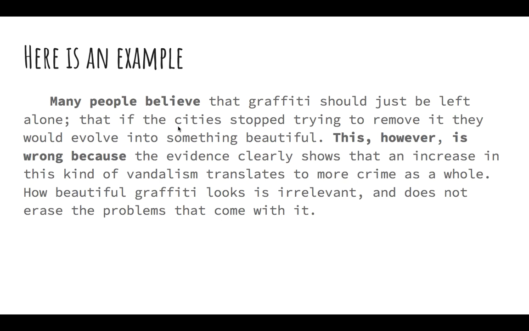Okay, that's your prompt, that's your thesis. Remember, the opposition is acknowledging the opposite. So you would say something like this. Many people believe that pets should not be allowed in the workplace because they cause a mess and they disrupt the daily work environment, right? This, however, is wrong because the evidence clearly shows that pets at work increase productivity, and so on. You go into your side, okay?